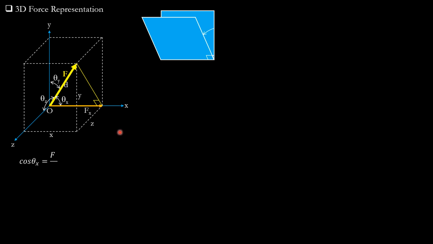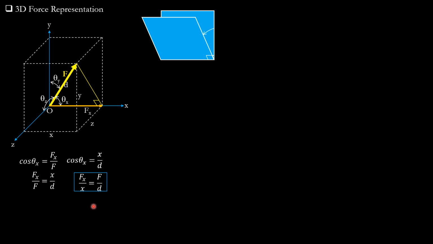So cosine of theta x is Fx over F. In terms of the dimensions, cosine theta x is x over the hypotenuse, which is denoted by d. Equating cosine theta x, Fx over F equals x over d, and interchanging the positions so that we can easily remember the constant ratio, Fx over x equals F over d.